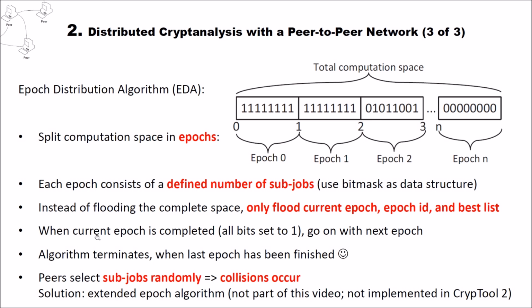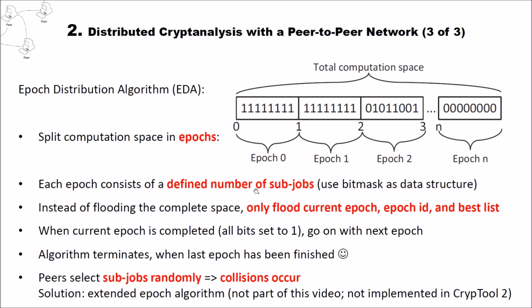But we have also solutions to lower the possibility of collisions. That's the so-called extended epoch algorithm. But this extended epoch algorithm is not part of this video and not implemented in CrypTool 2. But just that you have an idea of the extended epoch algorithm, instead of only having one bit mask, we have two, and we have different probabilities of selection in each of the bit masks.